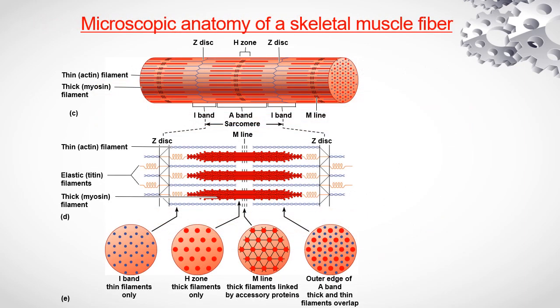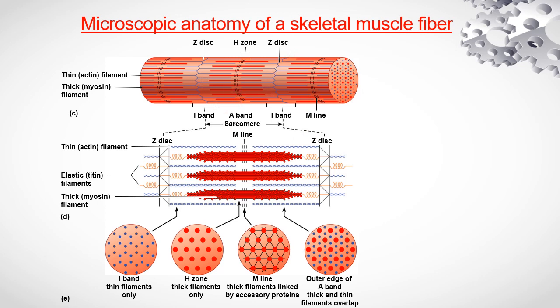So now this is the microscopic anatomy of the skeletal muscle. As you can see there, we have the striations and everything. This is just showing you how it will look under a microscope, or when you zoom in on a myofibril.